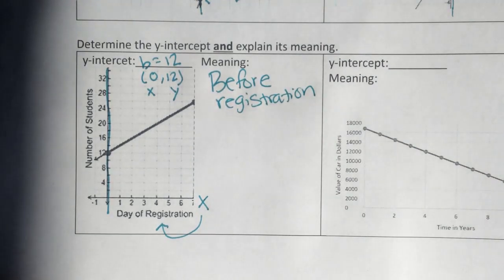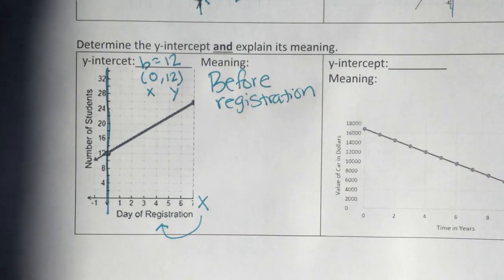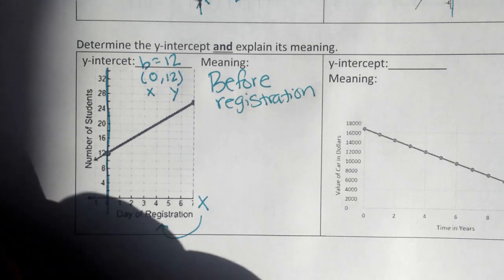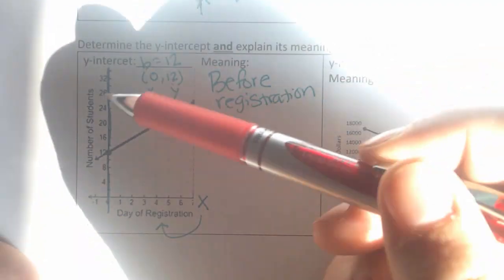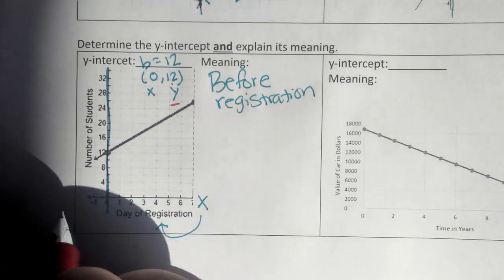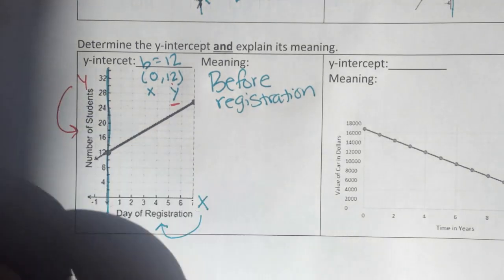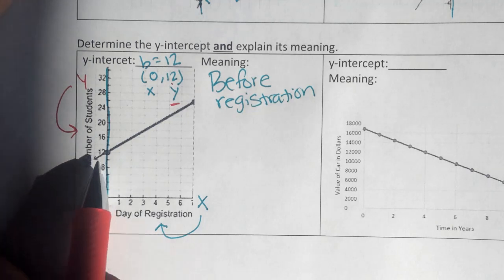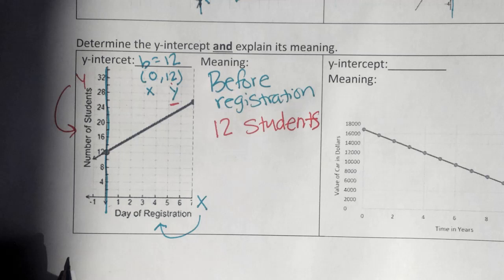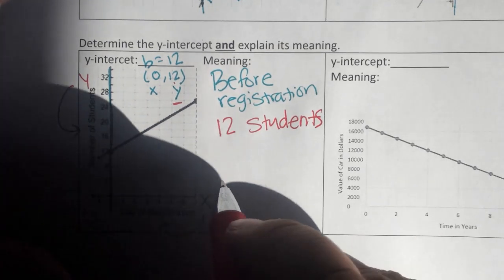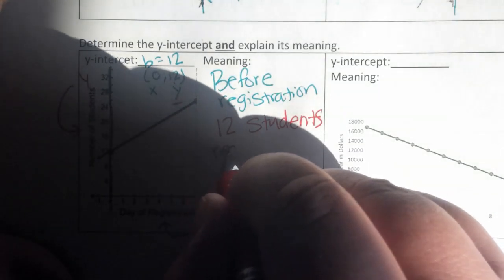Then looking at the y-axis, the y-axis talks about number of students, so it looks like before registration we had 12 students. So 12 students were signed up, enrolled, registered. I'm going to go with registered.